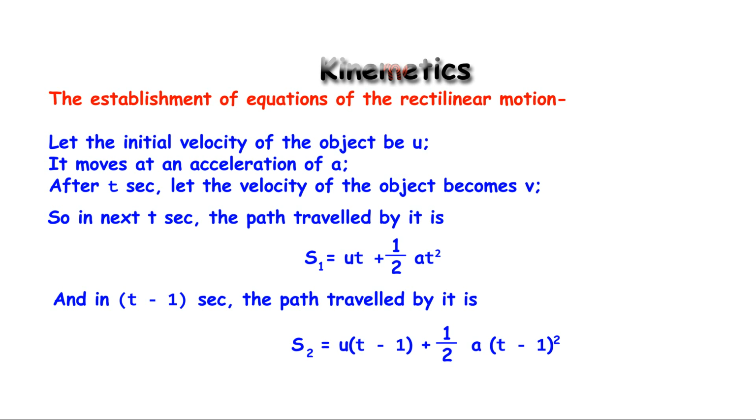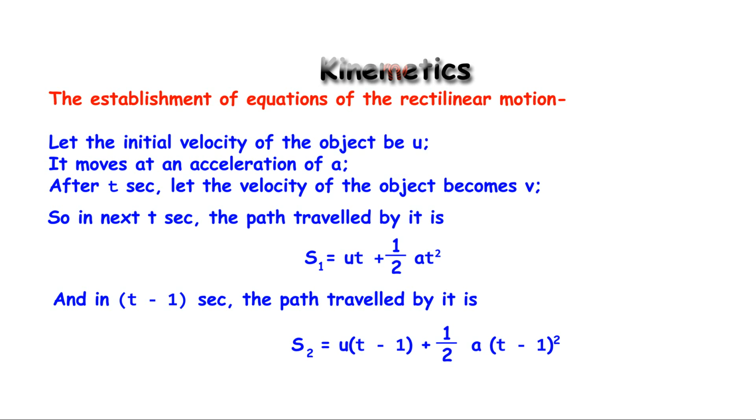We know in t seconds the total pathway traveled by it is s1 equal to u into t plus half at squared, and in t minus 1 seconds the total pathway traveled by it is u into t minus 1 plus half into a into t minus 1 whole square, and the total pathway is going to be shown by s2.